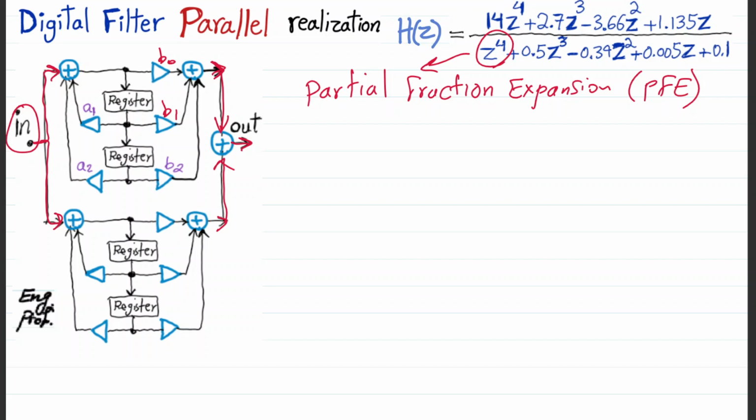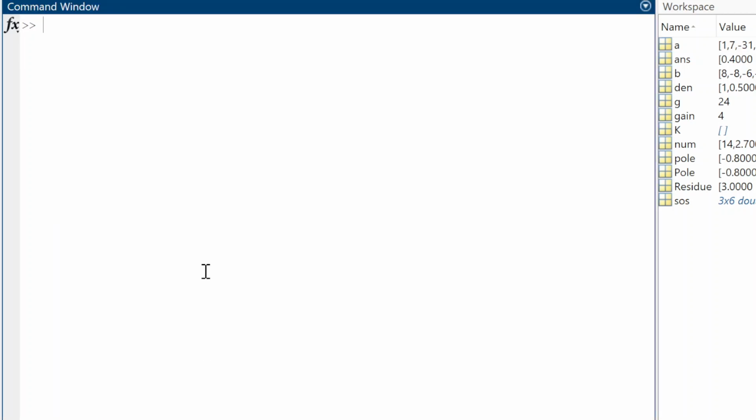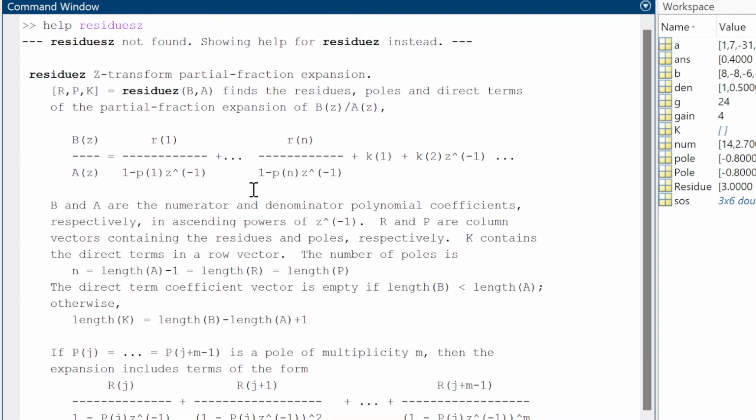So let me switch to Matlab, and that function is this one: residuez. Just to show you what I mean, this function residuez, which I click for help, is effectively a z-transform partial fraction expansion for you.